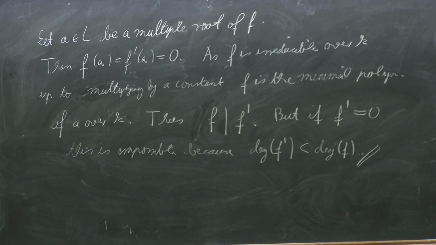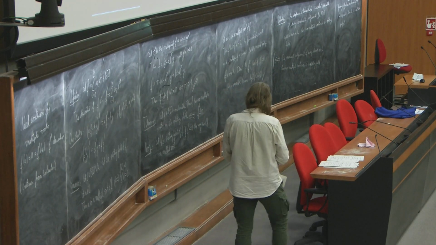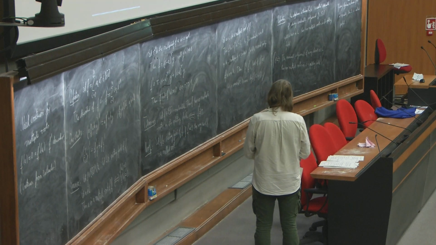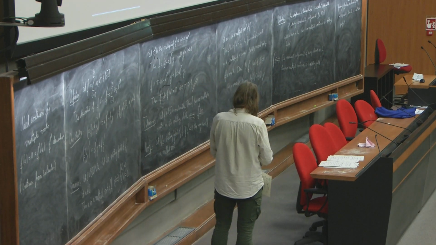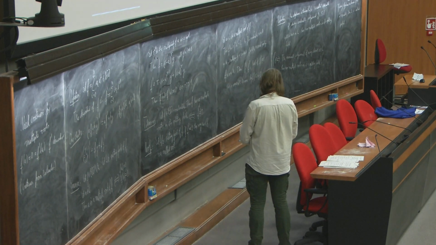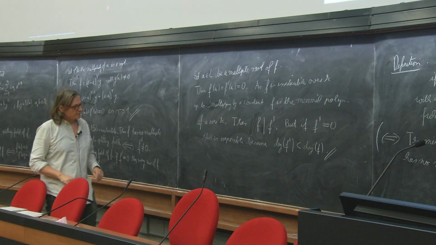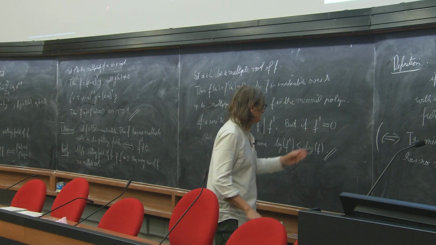So now you might think that that shows that field extensions always have to be separable. If you have an irreducible polynomial, it can, under no circumstances, have a multiple root in its splitting field. But that's not quite true, because this condition that the derivative is 0 can happen if the characteristic is p.